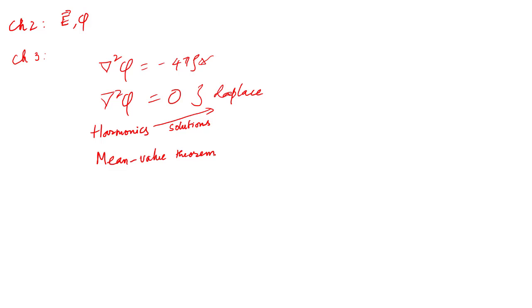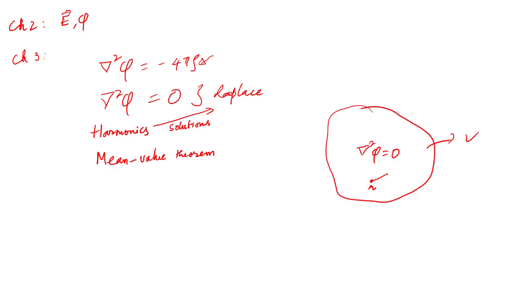So we proved the mean value theorem, which said that if I have a region in this volume where del square phi is equal to 0, then if I have this point R, I can draw a sphere of radius R around it, and the value of the function at the center, that is phi at R, is simply an average over the surface area of the sphere.